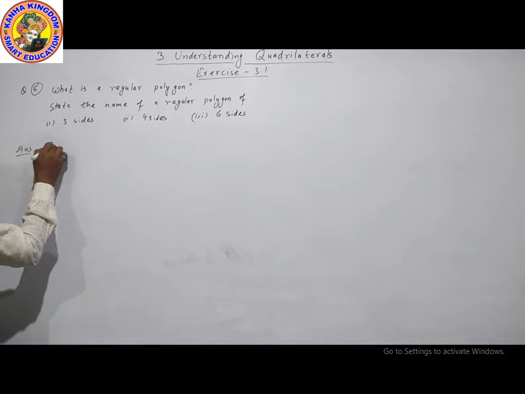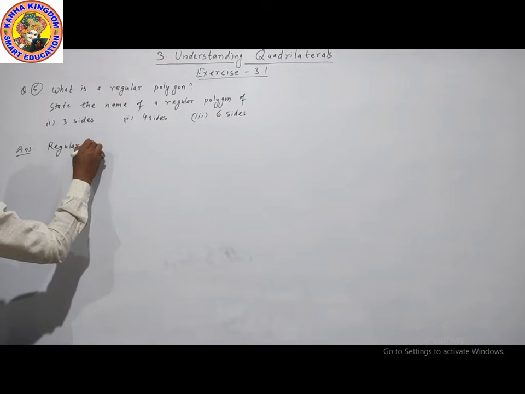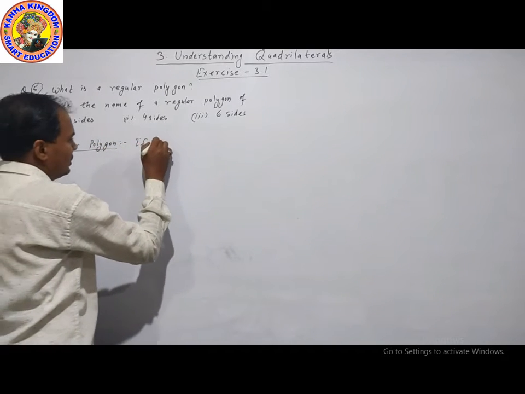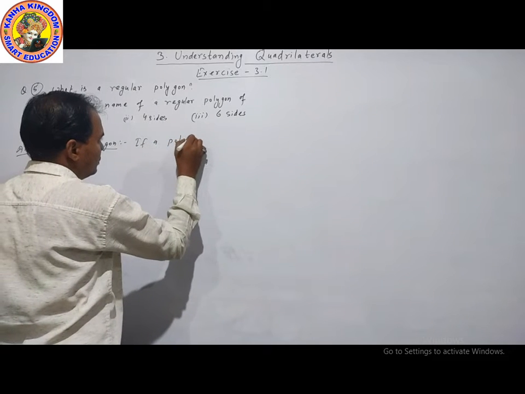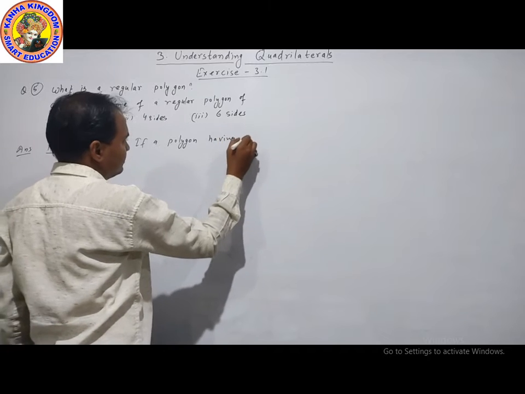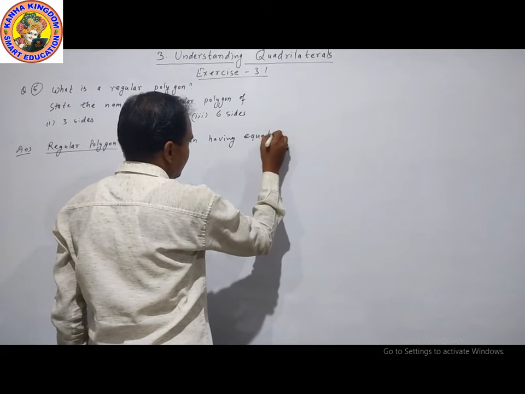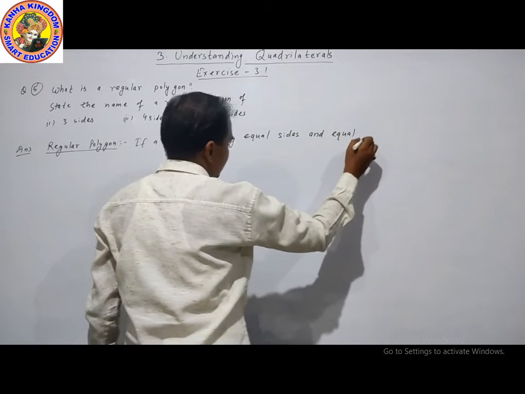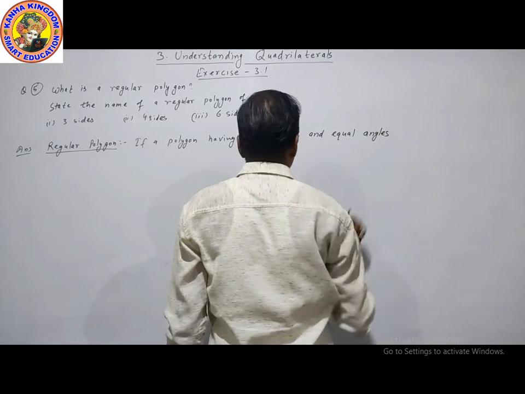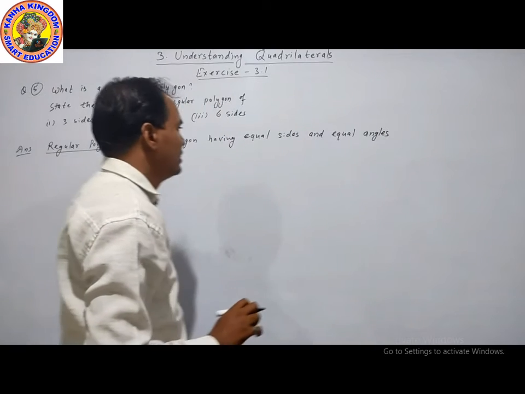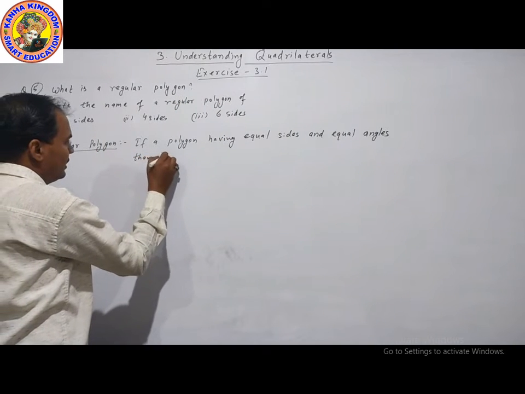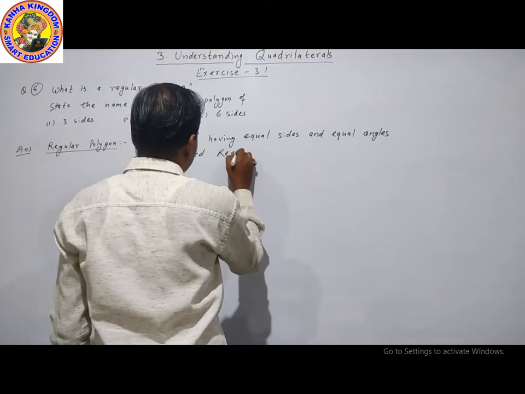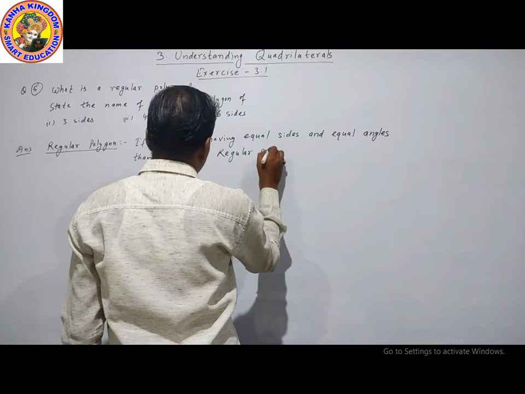Answer: if a polygon has equal sides and equal angles, all the sides are equal and all the angles are equal, then it is called a regular polygon.